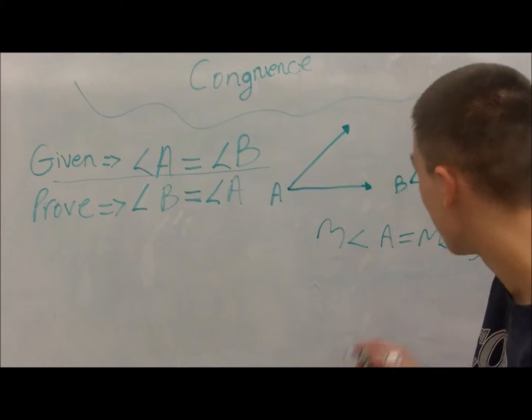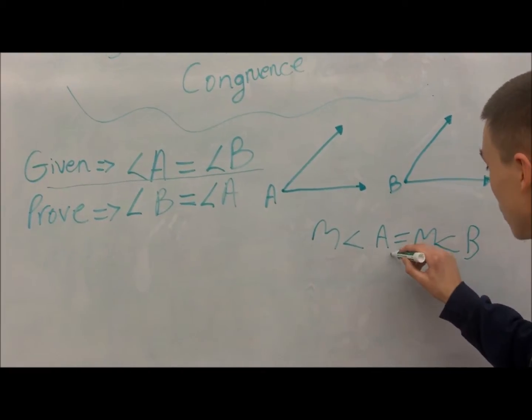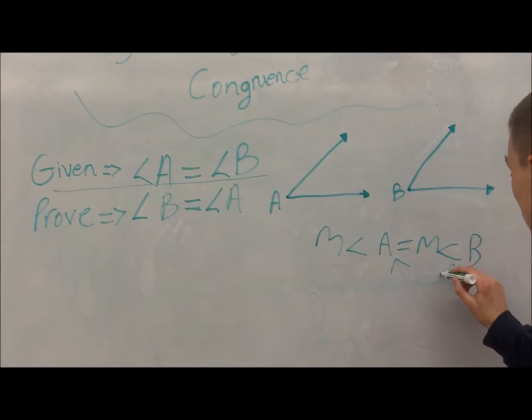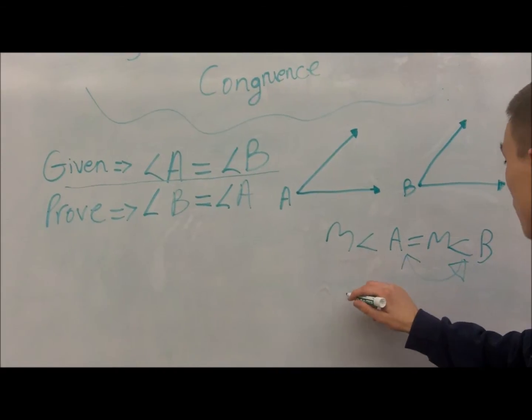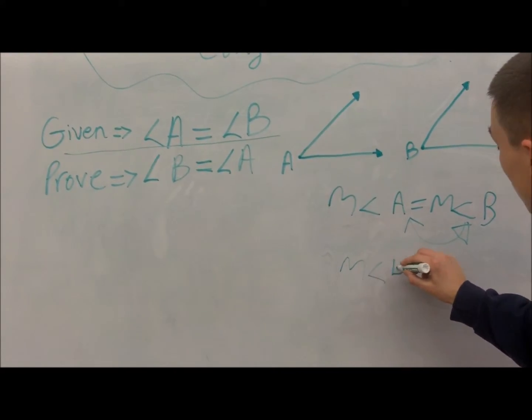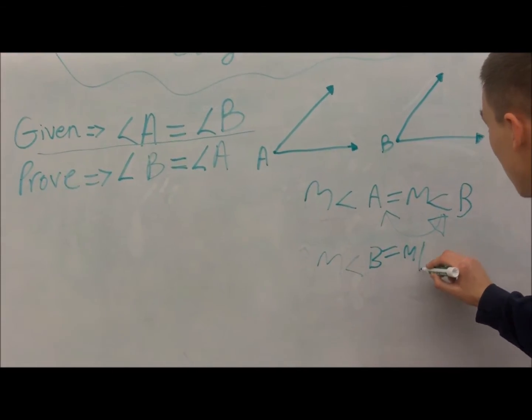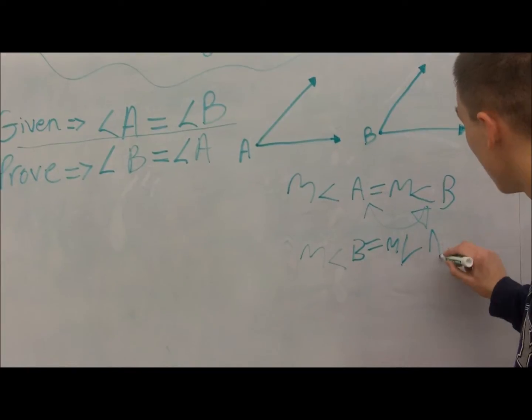Okay, using the symmetric property, which is switching these two around, we can point out that the measure of angle B equals the measure of angle A.